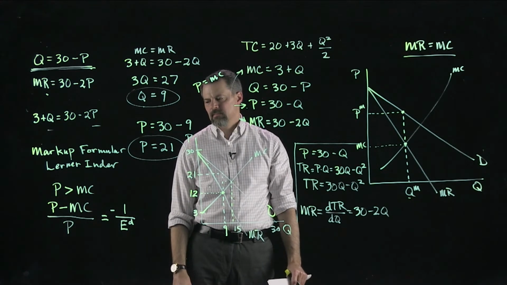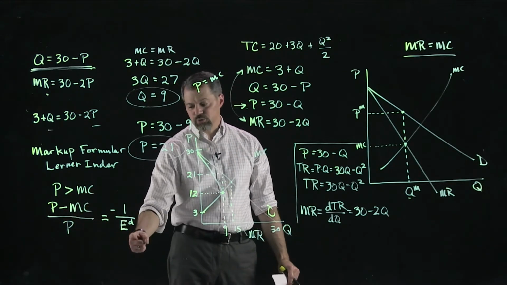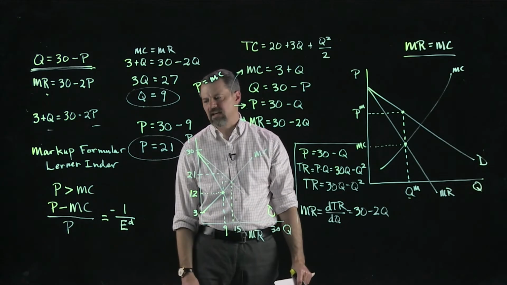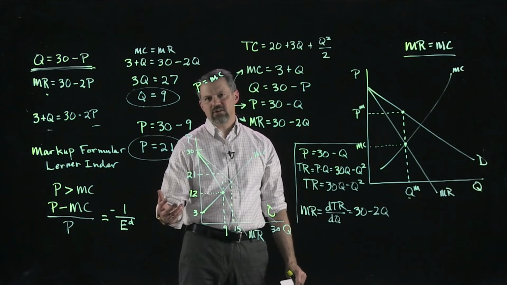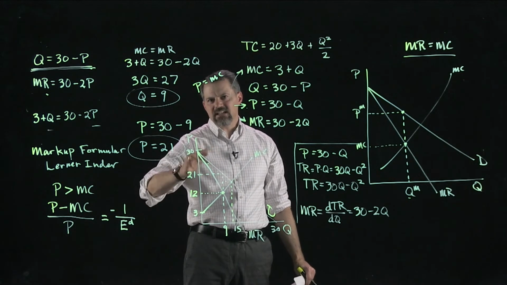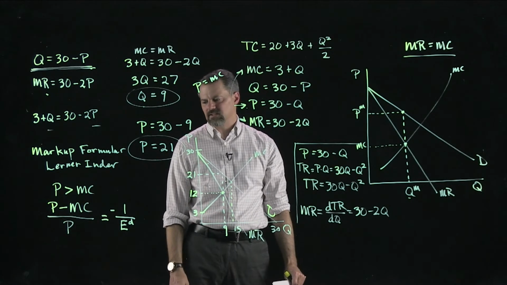If I were to give you price and marginal cost, you could calculate the third thing over here, which is the elasticity of demand. But typically what's going to happen is you're going to know the elasticity of demand, you take the inverse of it, and that tells you how much the firm can mark up their price. Okay?